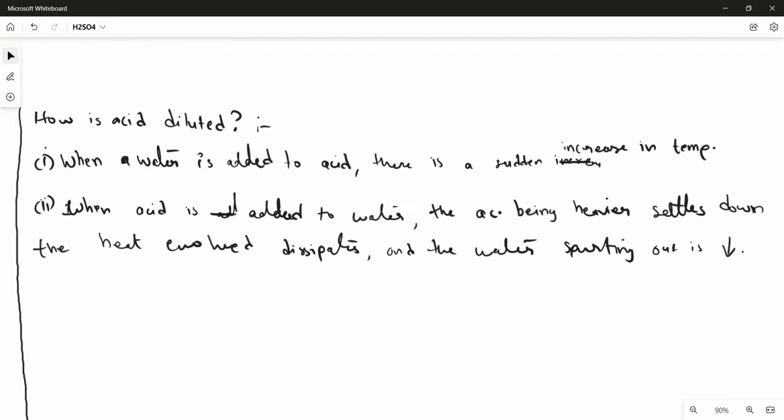Now there's one more thing. Distillation or boiling cannot be used to concentrate sulfuric acid beyond a certain concentration. What does this mean?